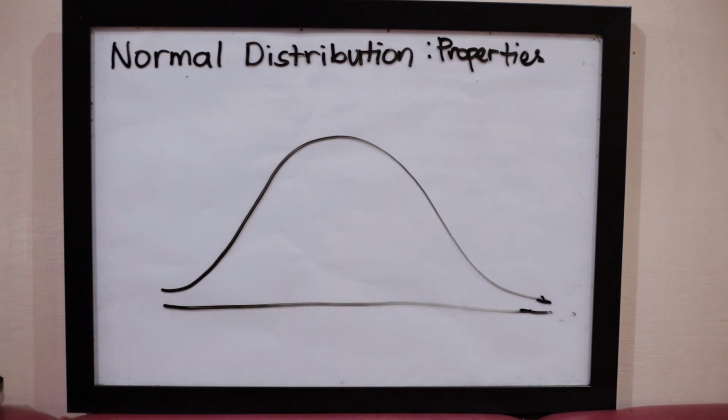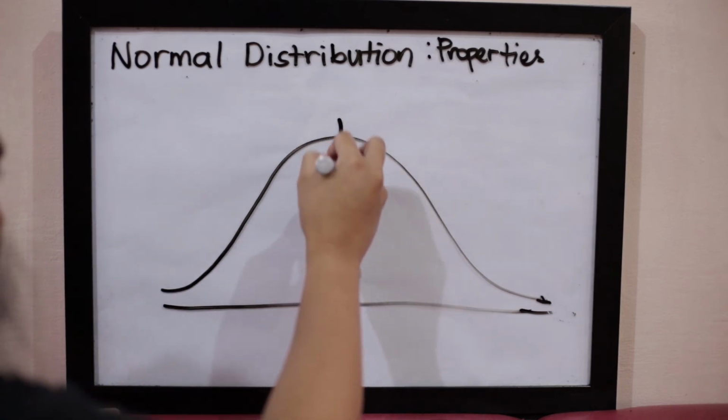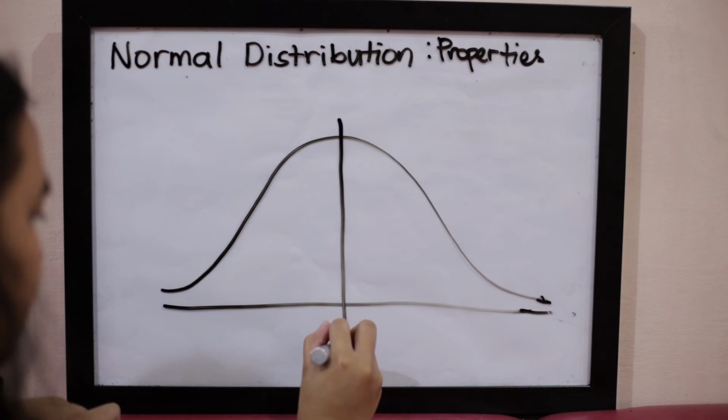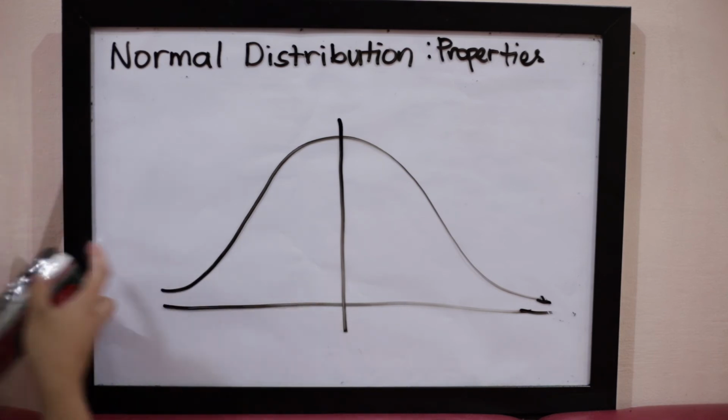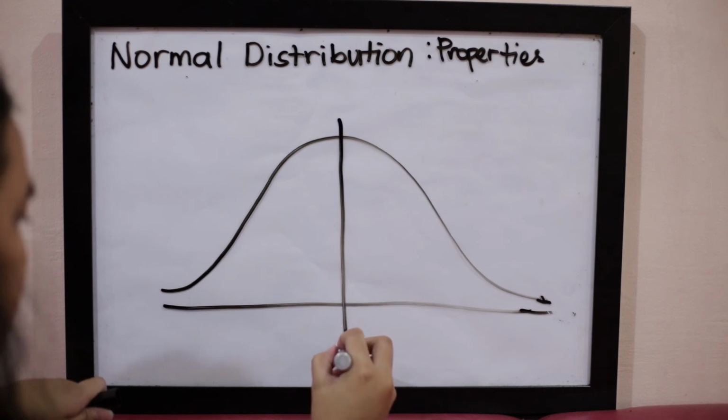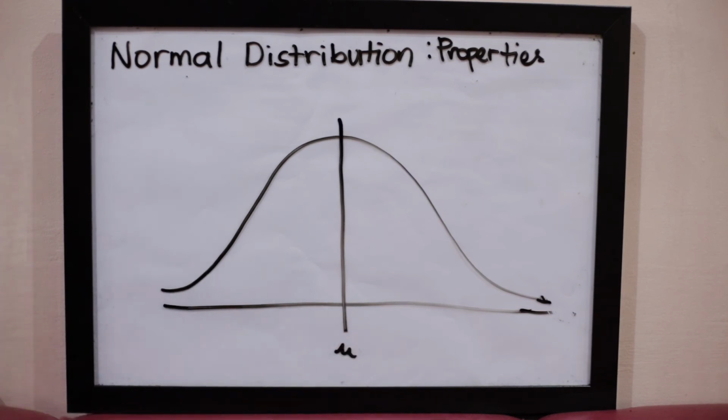Next, the mean, the median, and the mode are equal and are located at the center of the distribution. So, if we graph the mean, this will be our mean, or should I use mu? This will be the location of your mean.